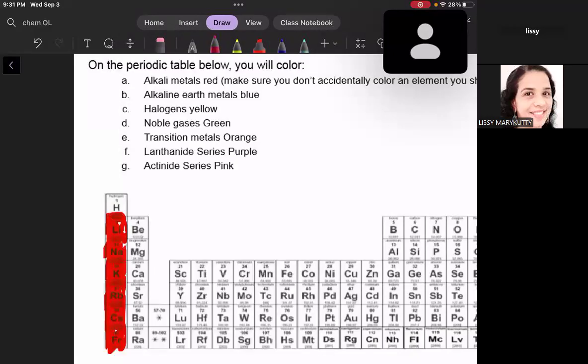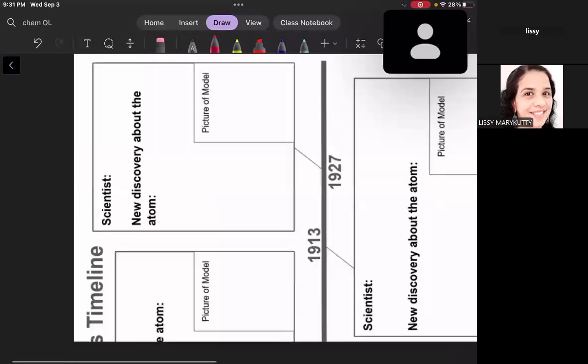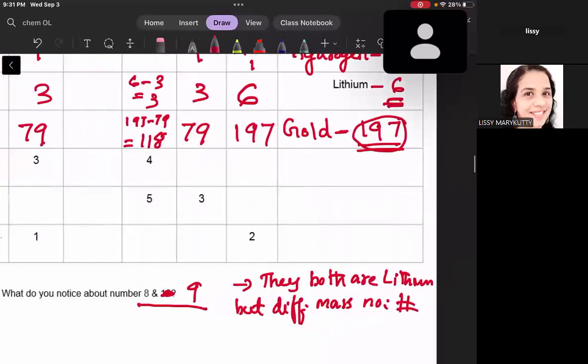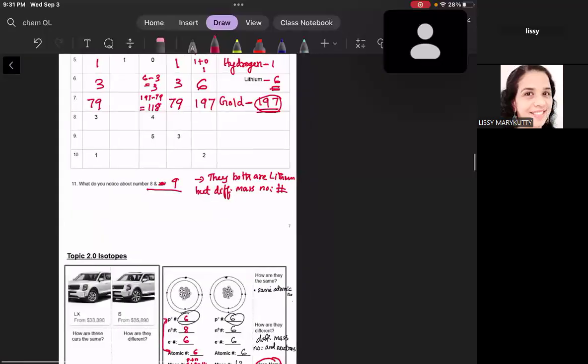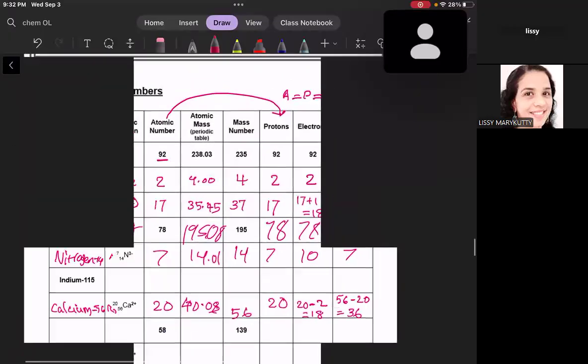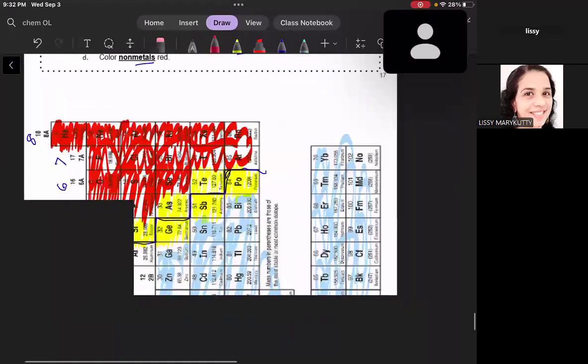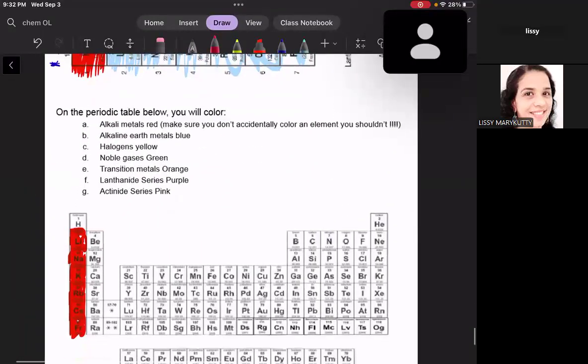They are called alkali metals, ALKALI. They are very reactive. Okay.